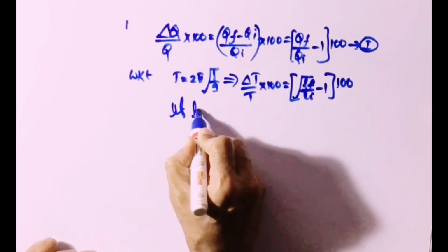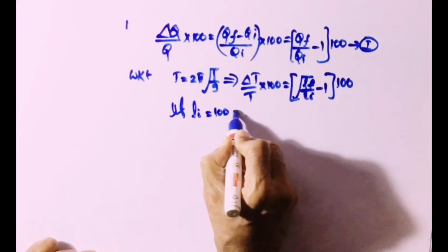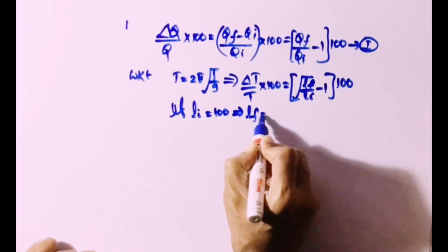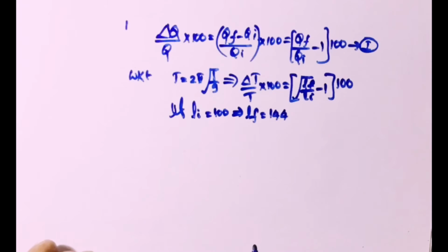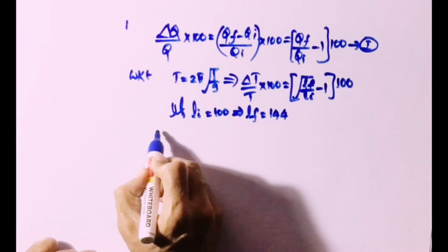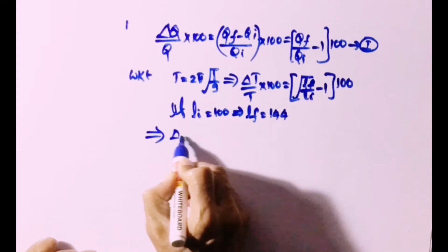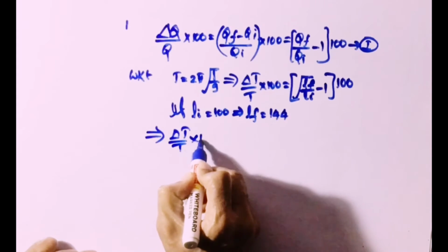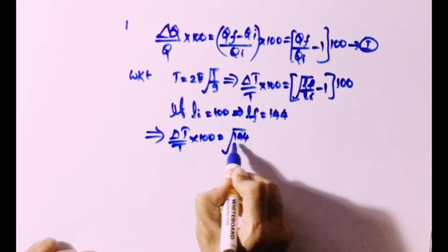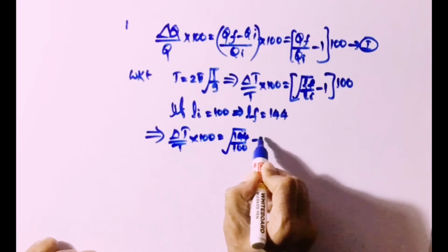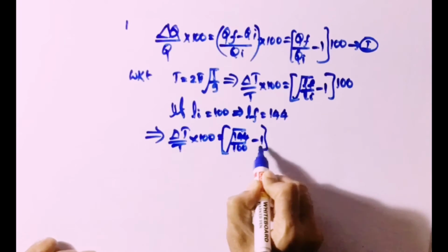If L initial we take as 100, it implies L final is equal to 144, because the question says that the length of the pendulum increases by 44%. Then this implies delta T by T into 100 is equal to root of 144 by 100 minus 1 into 100.